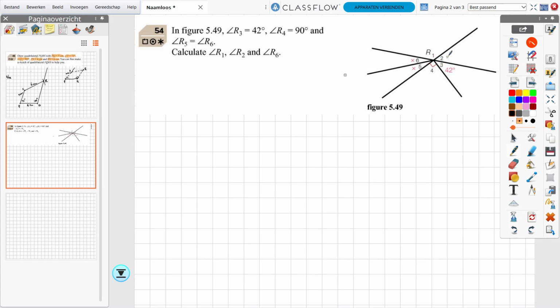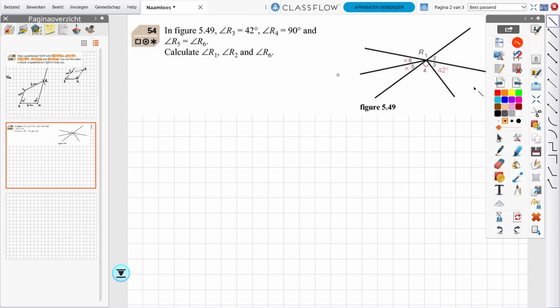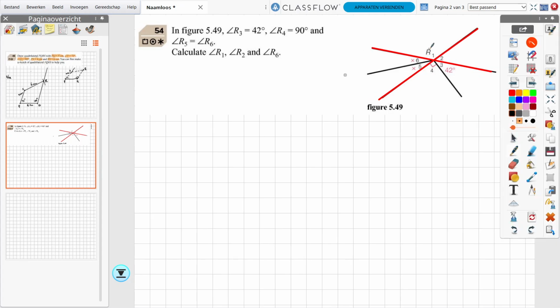So I can calculate R2 using the straight angle rule and then another straight angle rule. But I think I can do it maybe a bit quicker here, because if I'm going to color the lines that make up angle R1, so that is this one and that is this one, it's now easier to see that R1 actually has an opposite angle that I know all the values of.